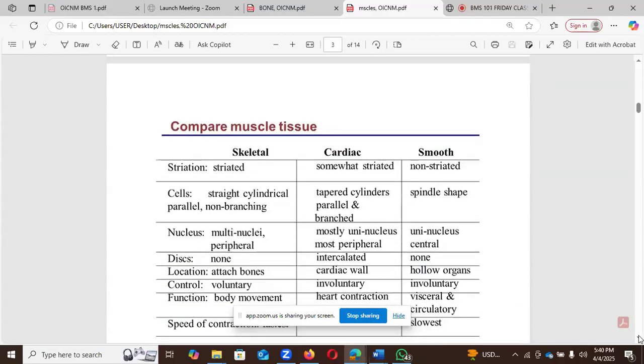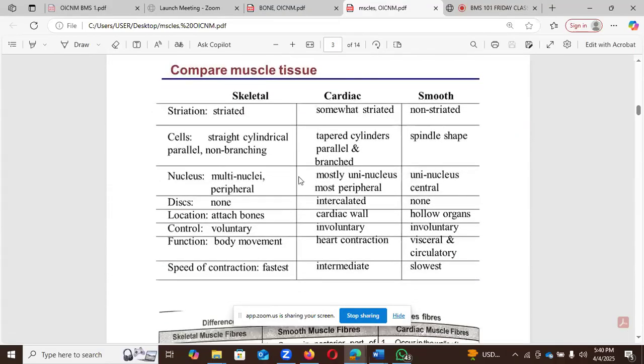Let's compare and contrast now the differences. Skeletal muscle, cardiac muscle, and smooth muscle. It has lines, it doesn't have lines. It has multiple cells or multiple nuclei, and it branches. Okay, it branches.